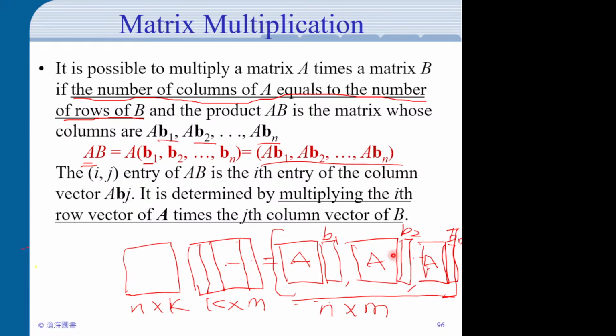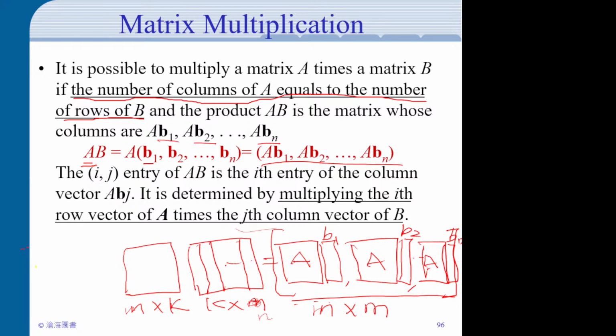You have n column vectors here, B1, B2 to Bn. So down here I should swap the n and k. So this should be n by k, and this should be k by n, and this should be n by n.